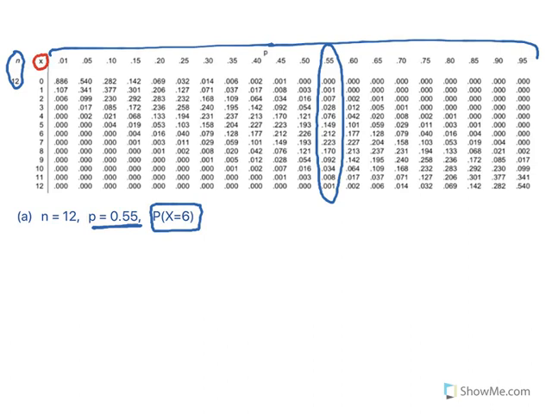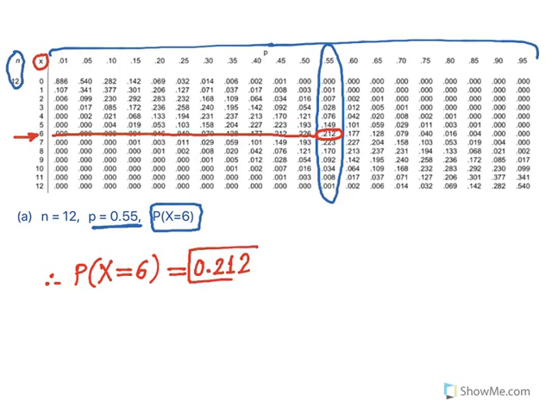And so where is 6 in the table? It's here, number 6. So you just move along the table until you reach the p that you want, and the number that you're looking for is here. So you can say, therefore, from the table, the probability that the number of successes in this trial is exactly 6 is 0.212.